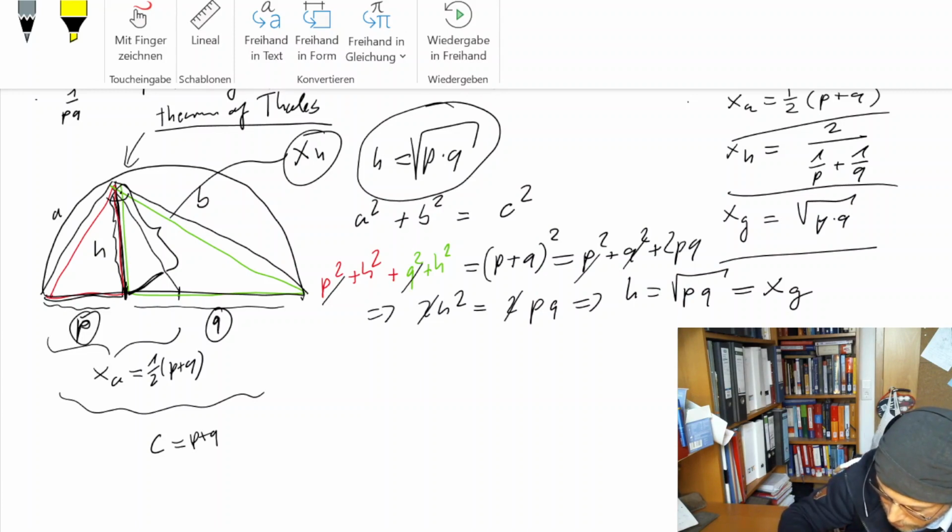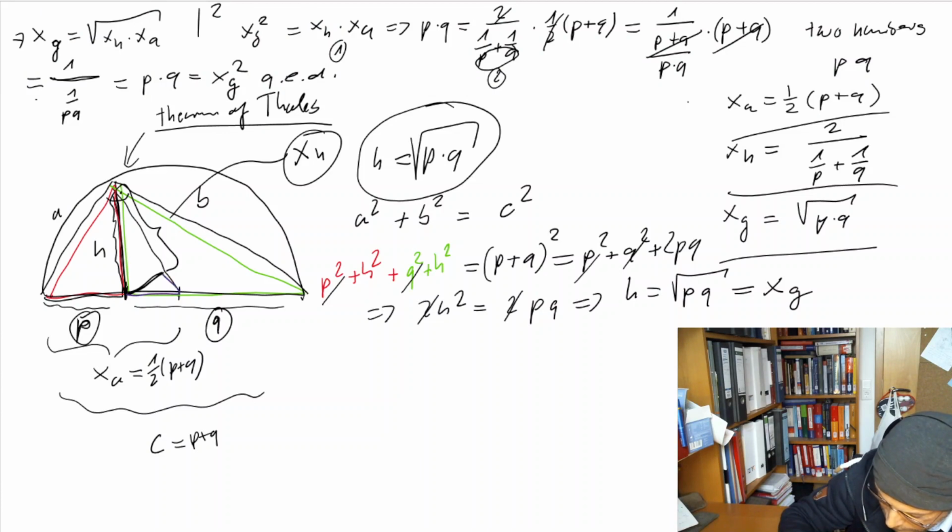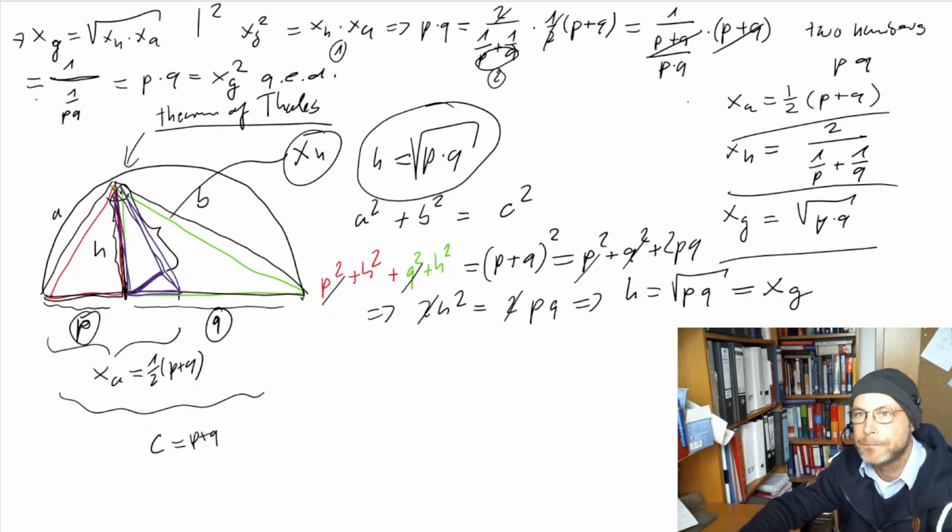Because you also have here a rectangular triangle, you have here a rectangular triangle, and you have here a rectangular triangle.